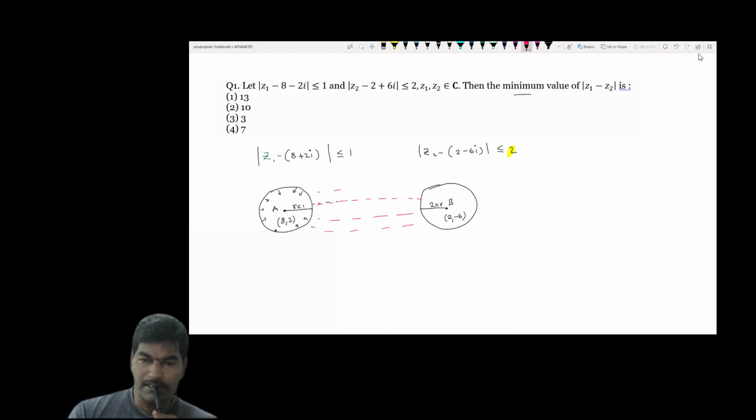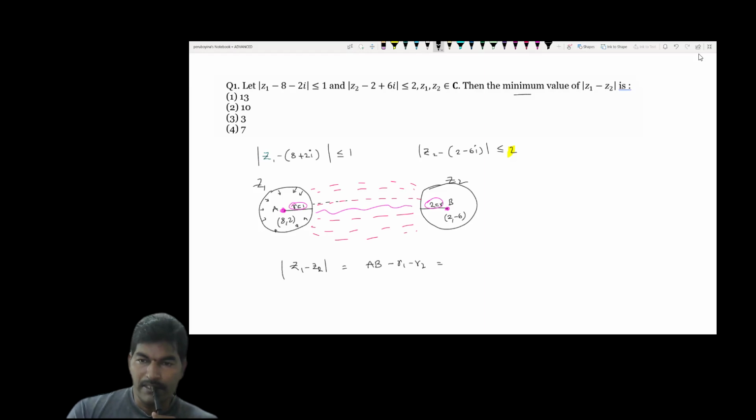Actually the first circle represents the Z1 complex number and its range, and the second one represents the Z2 complex number. So Z1 minus Z2 is nothing but AB, the distance between A and B, and if you subtract the boundaries, then you get this area. So AB minus R1 minus R2.